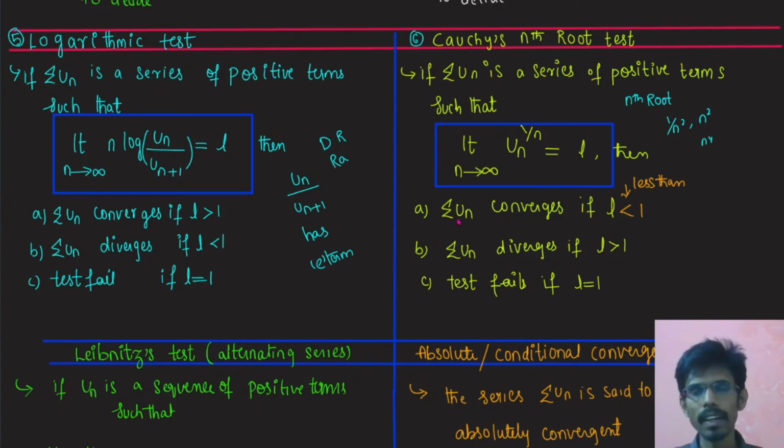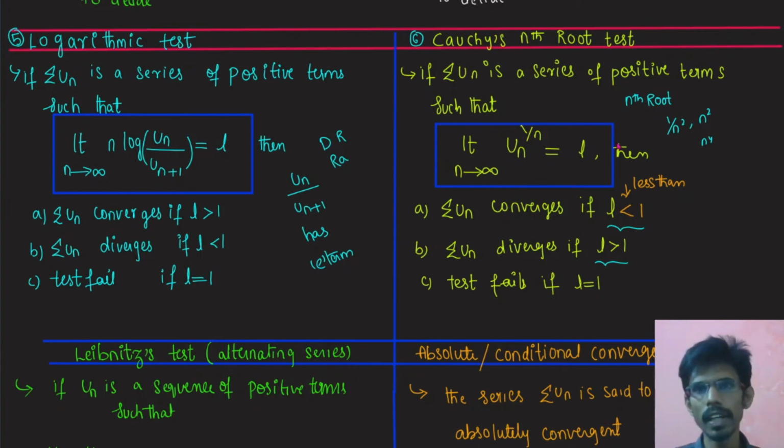Now sigma un converges if L is less than 1. Till the log test we have seen L greater than 1 we say convergence, but this is the special case. Here, for L less than 1 we say converges, L greater than 1 we say diverges. This is opposite to all the tests that we have studied. So the test will fail to say anything if L is 1.